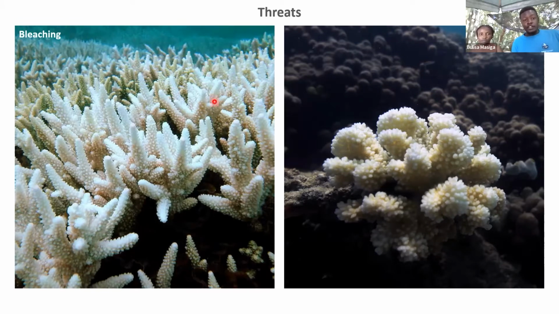And the result is bleaching events, which I'm sure most of us are familiar with. And the main and most effective way we can tackle this is by trying to make coral reefs as resilient as possible, so they can withstand these threats.